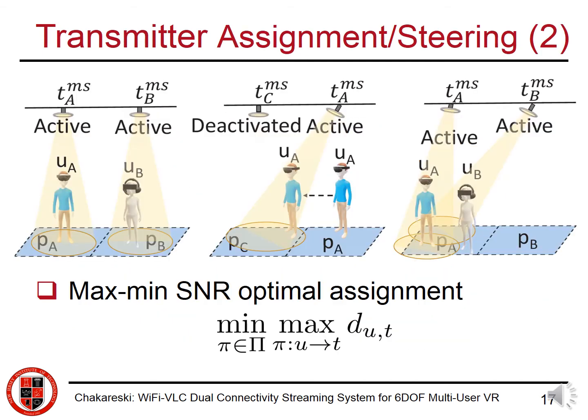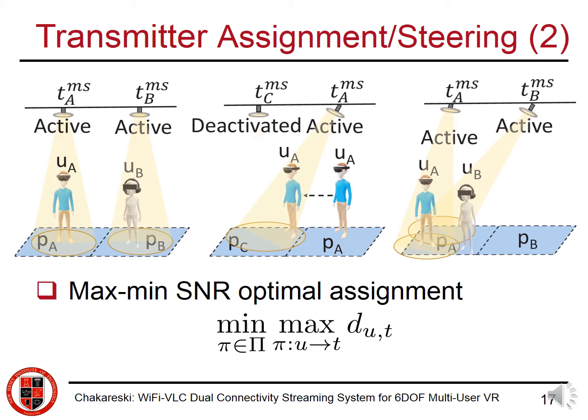We illustrate the basic principles of the transmitter assignment and steering with the three illustrations shown here. In the one to the left, we indicate that at the beginning of a session, each user is assigned to the transmitter in the cell where the user resides at the start of the session.